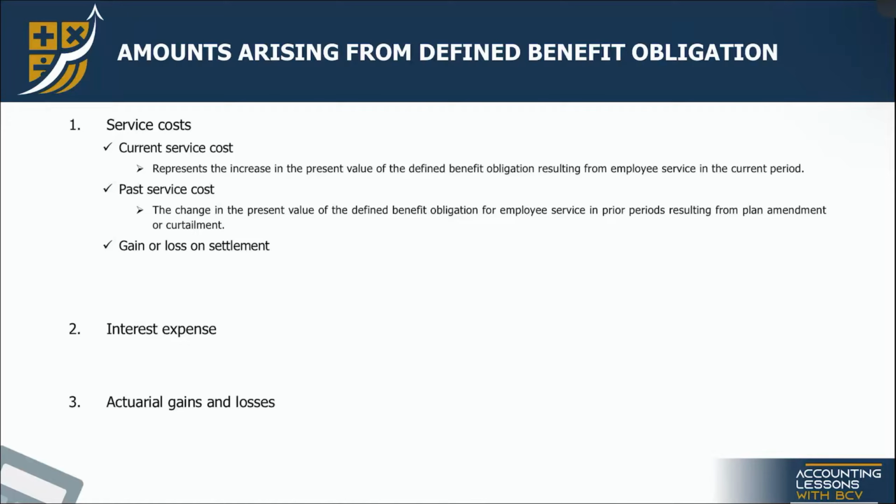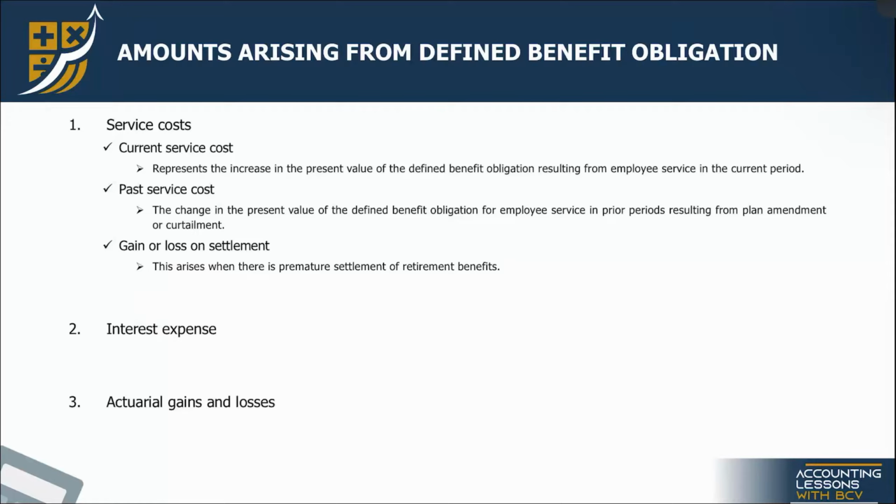Okay? Next, the third subcomponent is gain or loss on settlement. Nag-a-arise lang ito kapag nagkakaroon na tayo ng premature settlement of retirement benefits. Okay? For example, sa employees mo, you are expecting na magre-retire sila at the age of 60.